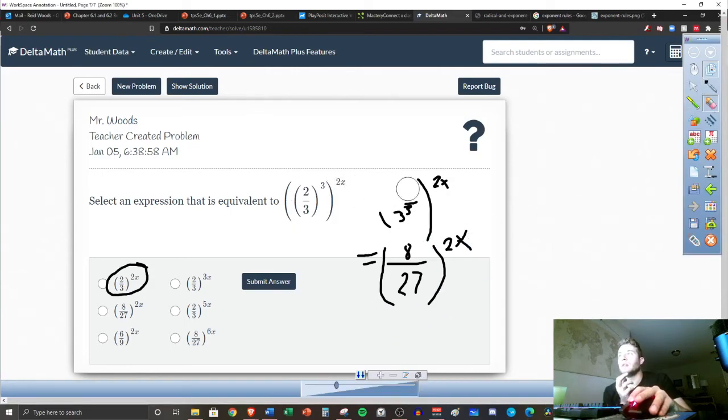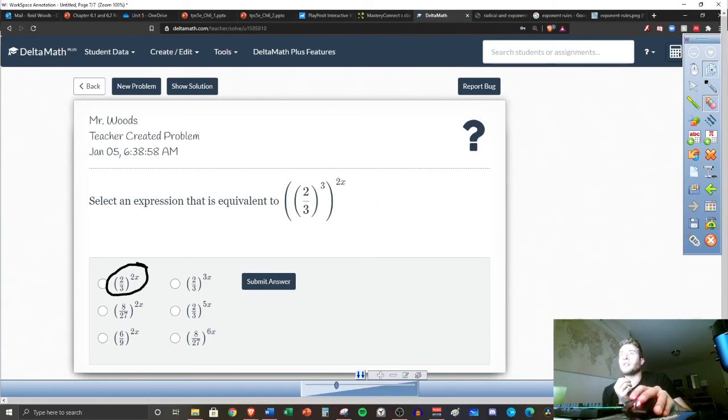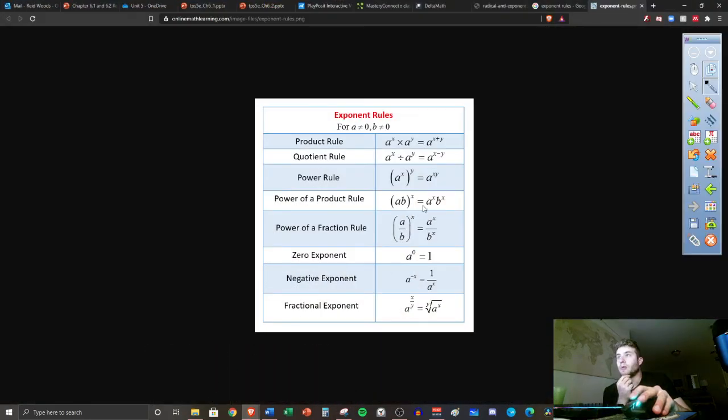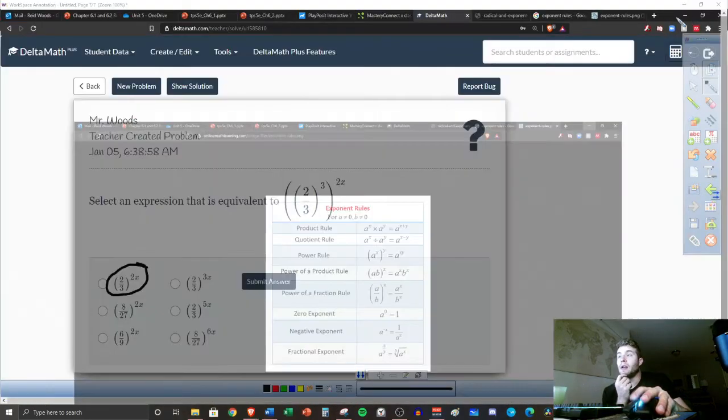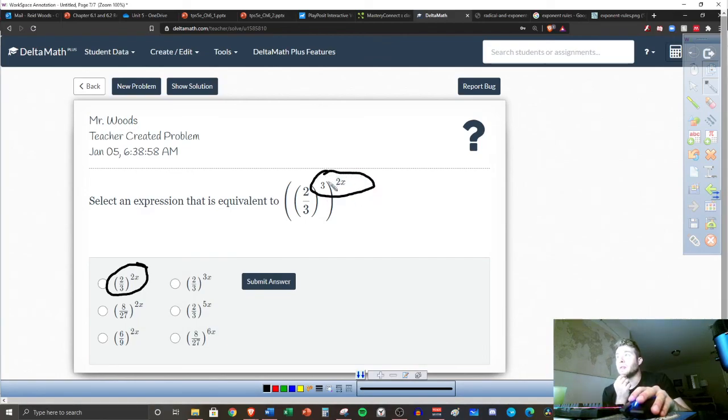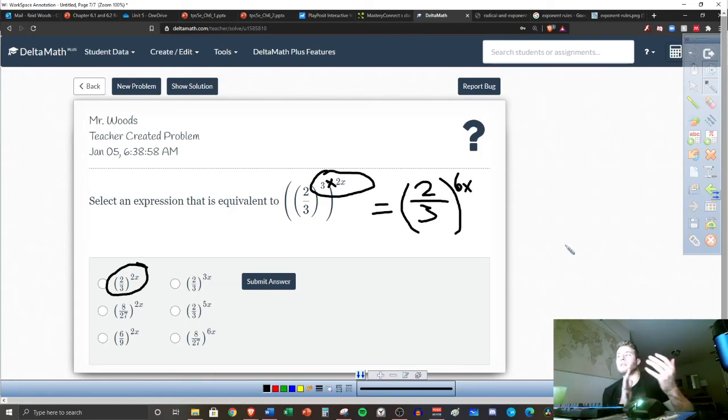Now there's more ways we could do this. We can actually use the power rule here to raise this, take these exponents, and multiply them, right? And that would get us 2 to the third over 6x, or 2 to the third raised to the 6x.